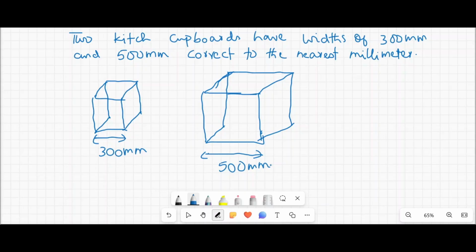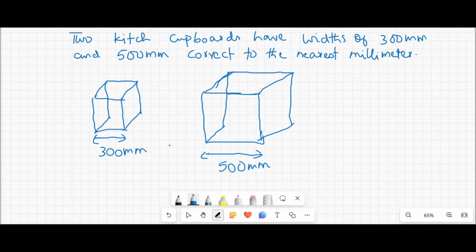Now the question is to find the smallest width of both. If I sum both, what is the lower bound of the sum, or the upper bound of the sum?